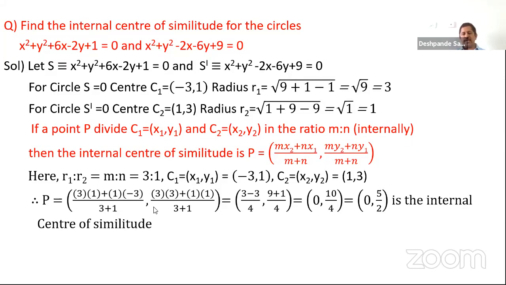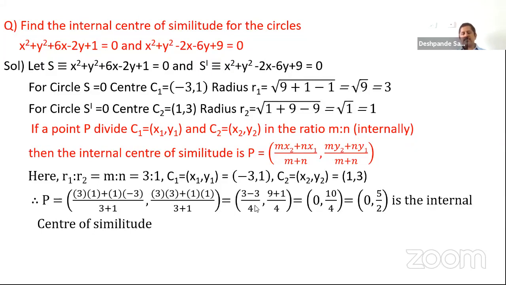Now Y values you take M Y2, so 3 into Y2, which is 3 here, plus N, N is 1 here, and Y1 is 1 here. So 3 into 3 plus 1 into 1. So 3 into 1 is 3, 3 minus 3 you get in the numerator. 3 plus 1 is 4. Then 3 into 3 is 9, 9 plus 1 into 1 is 1, so 9 plus 1 is 10.